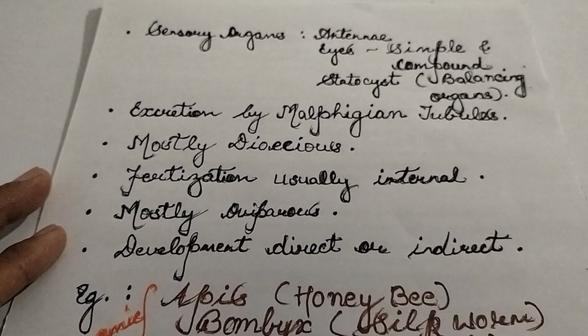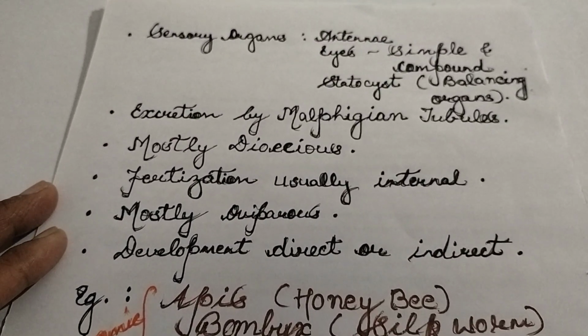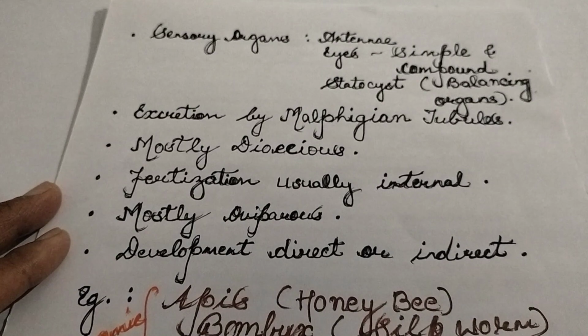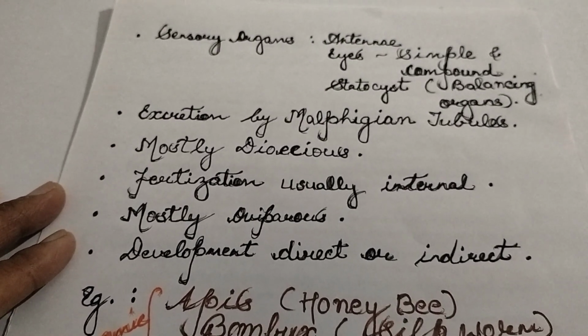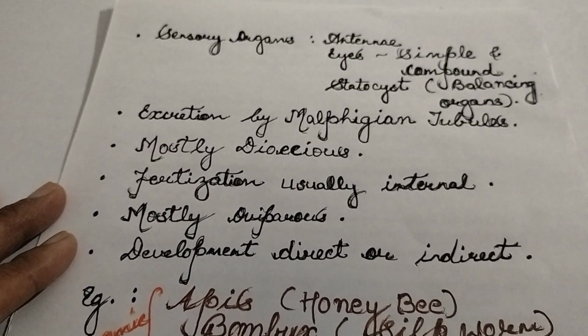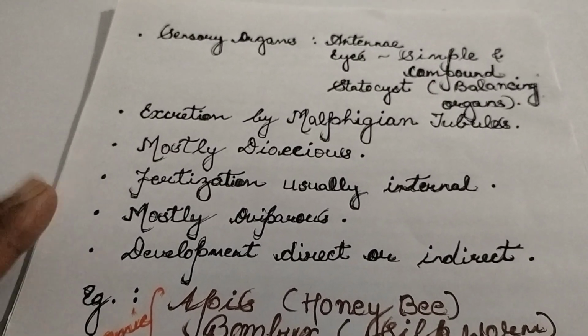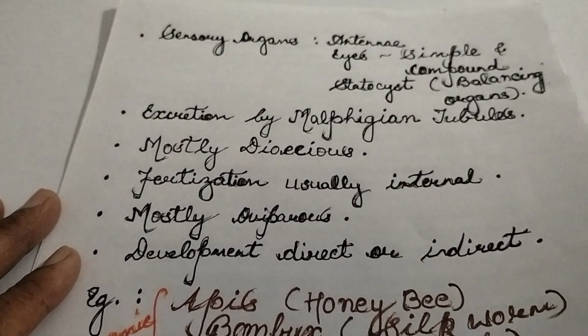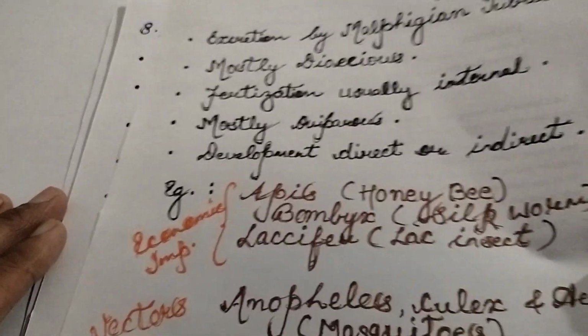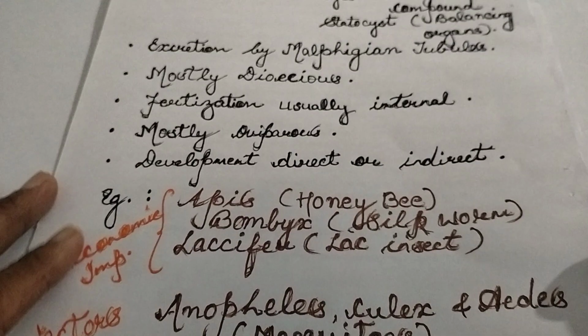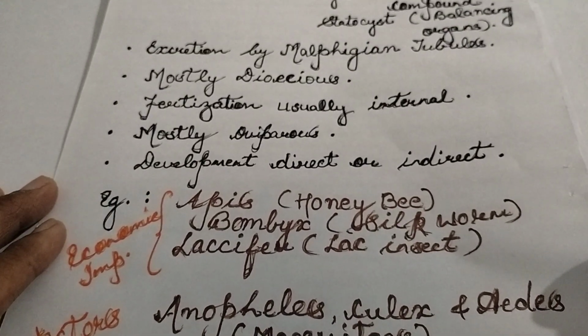Next, in arthropods, development may be direct or indirect. Indirect means it includes an intermediate larval stage. Larva is formed. Some common examples of arthropods I will tell you. Apis, you all know, commonly known as honeybee.